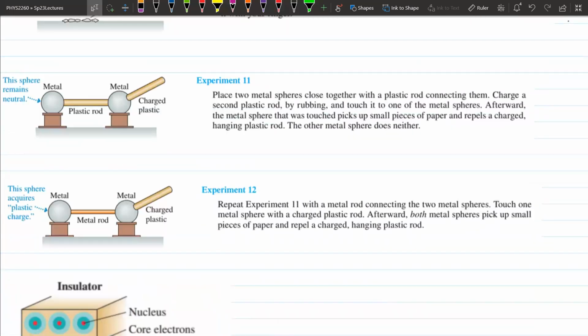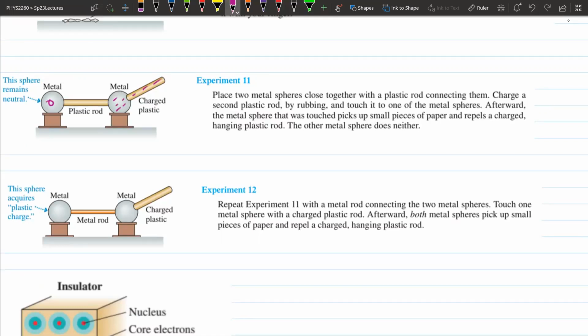If you have two metal balls, a charged rod here and a neutral plastic rod here, and you charge up the metal ball by touching the charged plastic to the metal, the charge cannot go through the plastic rod to the second metal ball. Let's say this is negative charge. This stays neutral, just put a 0 there.